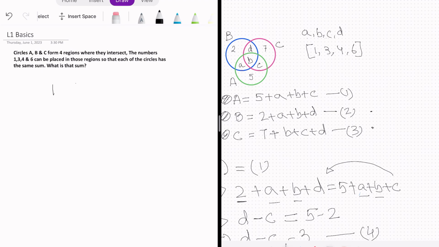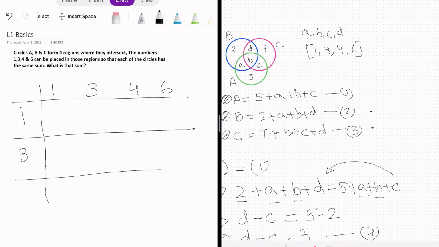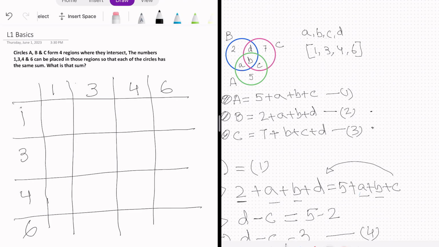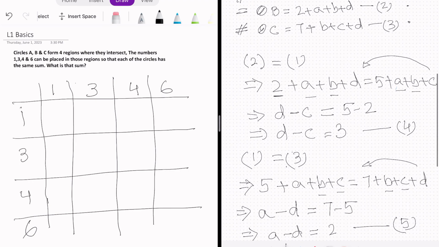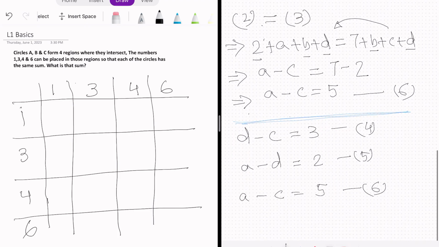1, 3, 4, and 6. Now one thing to see from these equations 4, 5, and 6 is that D is greater than C, and the difference between D and C has to be 3.